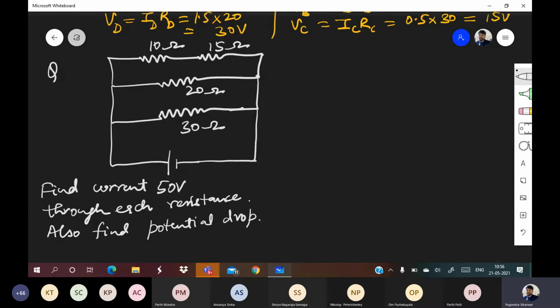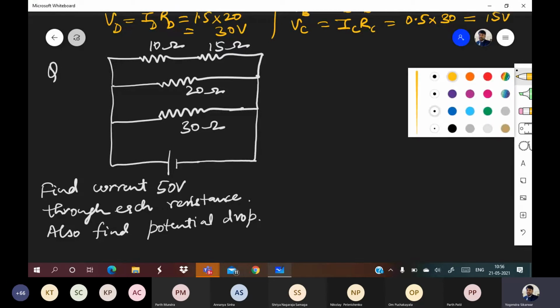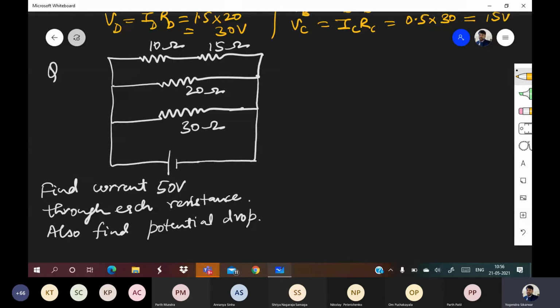Okay, everyone, enough time given. Please pay attention and see what I am doing. In an electrical circuit, we have talked in the last class that all points which are connected by a plain wire are at the same potential. So I am assuming the potential of this point as 0.